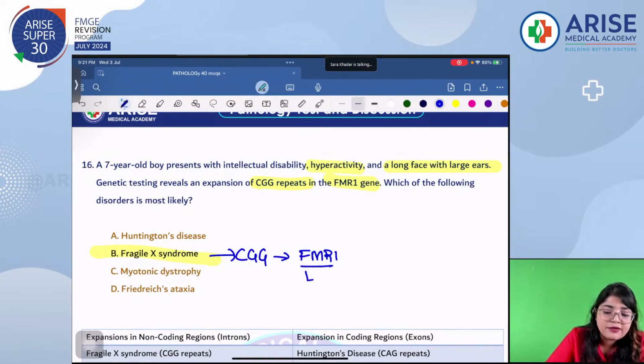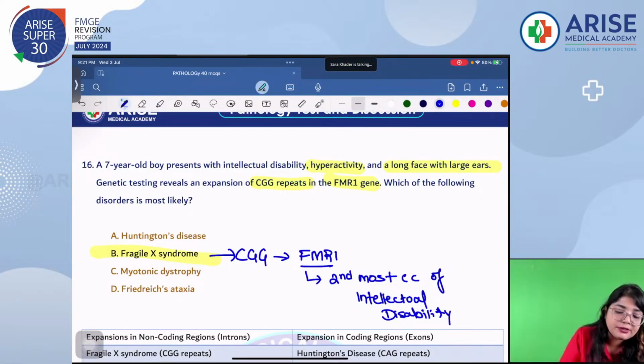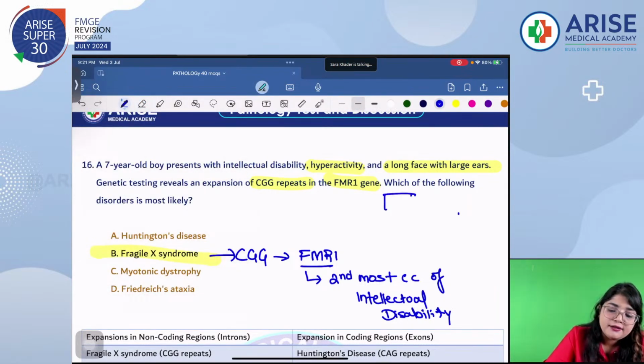So once this is affected, remember this is the second most common cause of intellectual disability. I hope you remember this. And the clinical features, you draw there is a boy with a large mandible, okay?